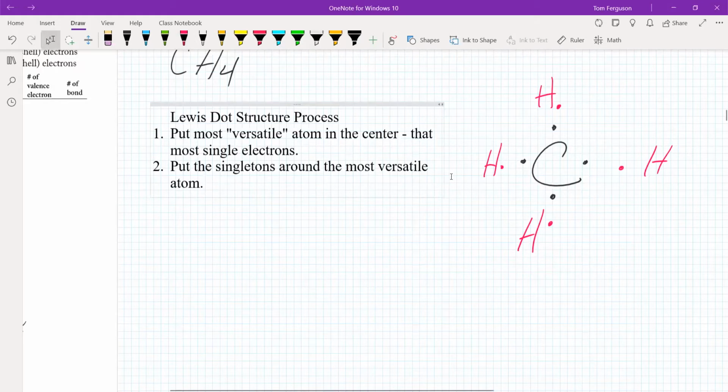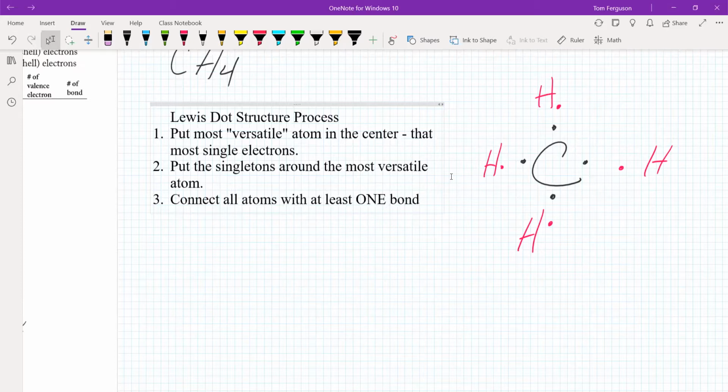Step number 3 is connect all atoms with at least one bond of 2 electrons. A bond is considered a pair of electrons.